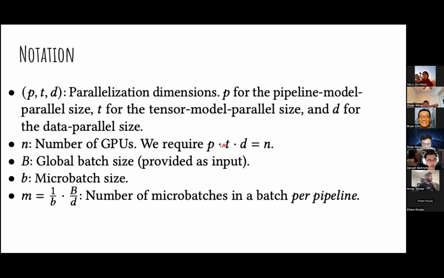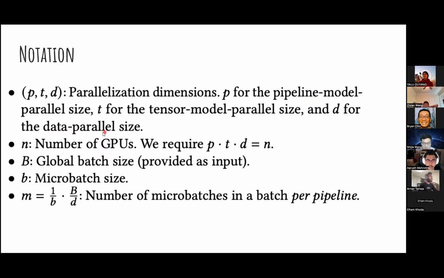Just before we dive into a little bit of the math regarding the analysis, let me quickly introduce all of you to a little bit of notation. Starting with small p, small t, and small d. These are just the parallelization dimensions, where p is the number of dimensions for the pipeline model, t is the number of dimensions for the tensor model, and d is the number of dimensions for the data parallelization model.